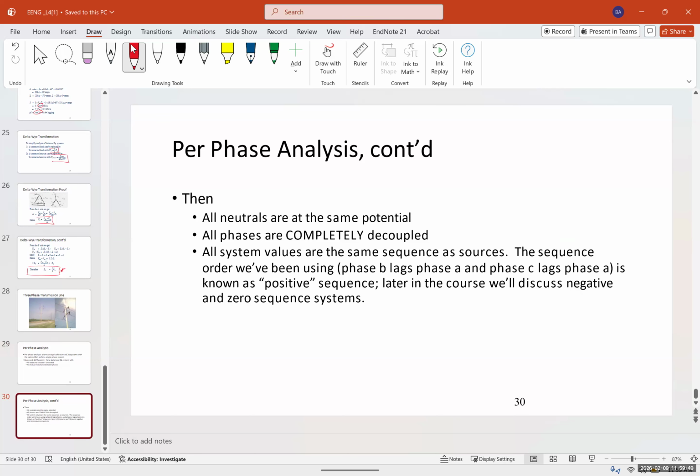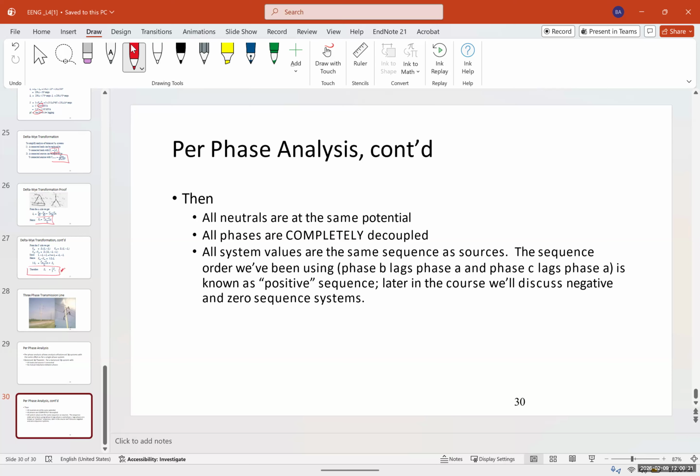After we've established that, all neutrals are at the same potential, all phases are completely decoupled, and all system values are the same sequence as the source. The sequence order we've been using, phase B lags phase A, phase C lags phase A, is known as positive sequence. Later in the course, we will discuss negative and zero sequence as well.